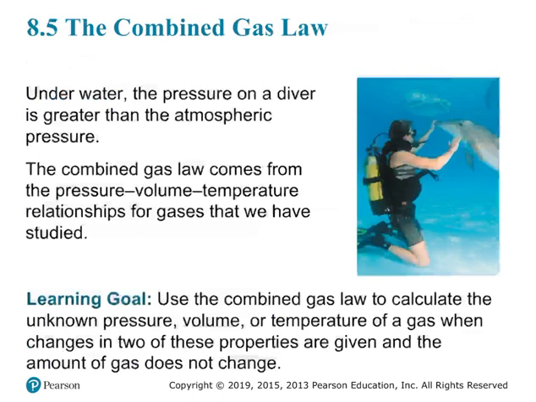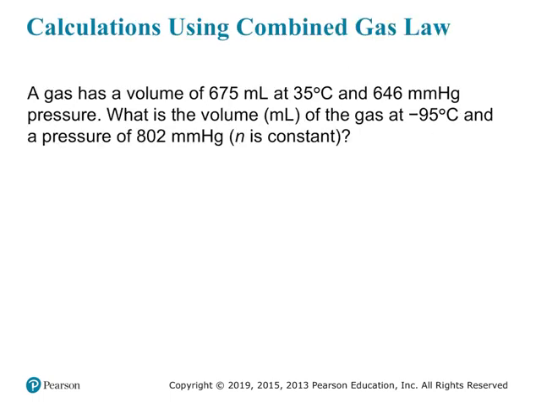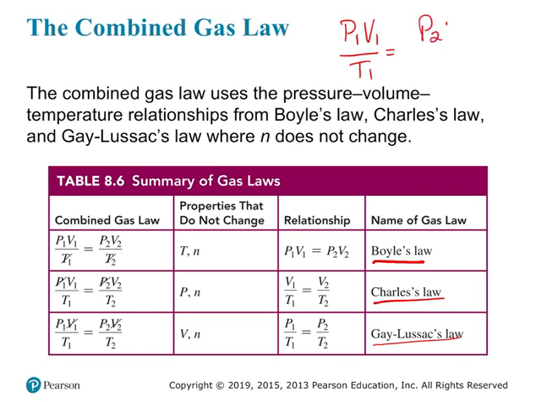All right, so again, here's a summary of the gas laws that we've covered so far. Table 8.6 goes over Boyle's law, Charles's law, and Gay-Lussac's law. Now, the combined gas law is P1 V1 over T1, which is equal to P2 V2 over T2.